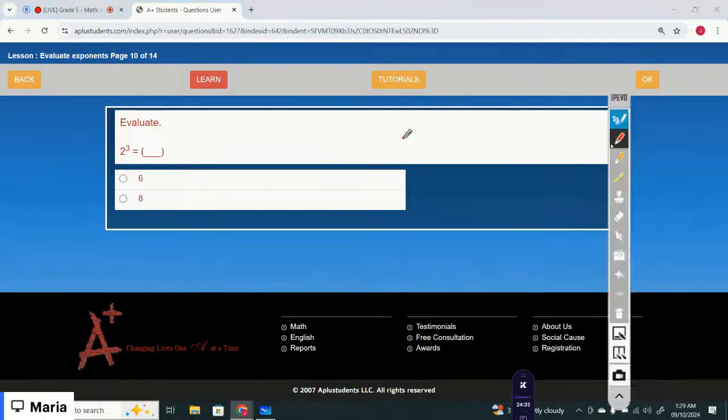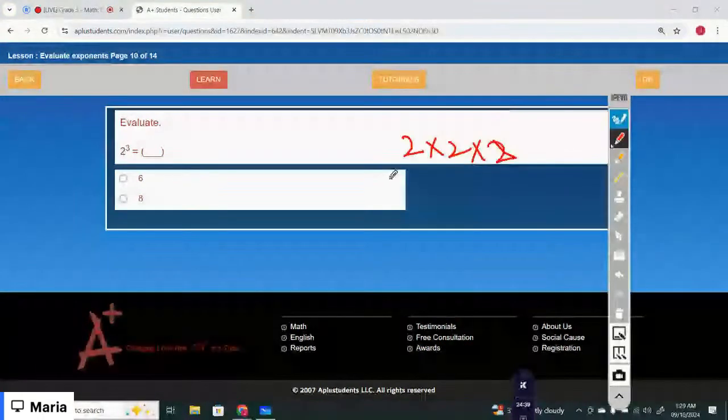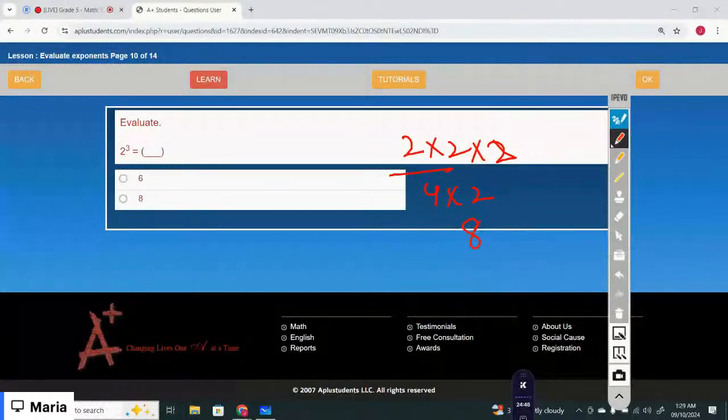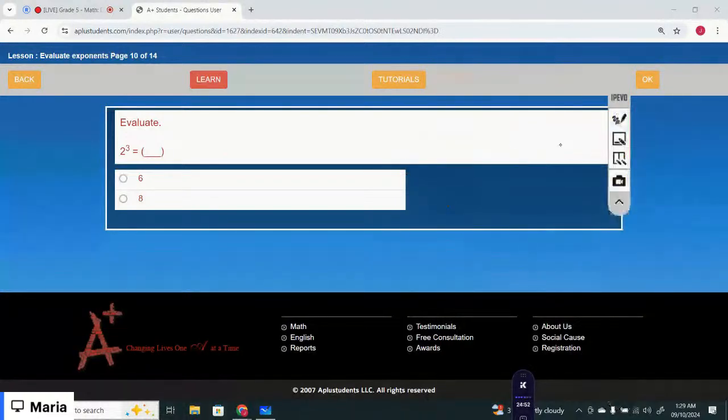So you have to do 2 times 2 is 4 and 4 times 2 is 8. Option number 2 is the correct option. 2 exponent 3 means 8. The correct option is 8.